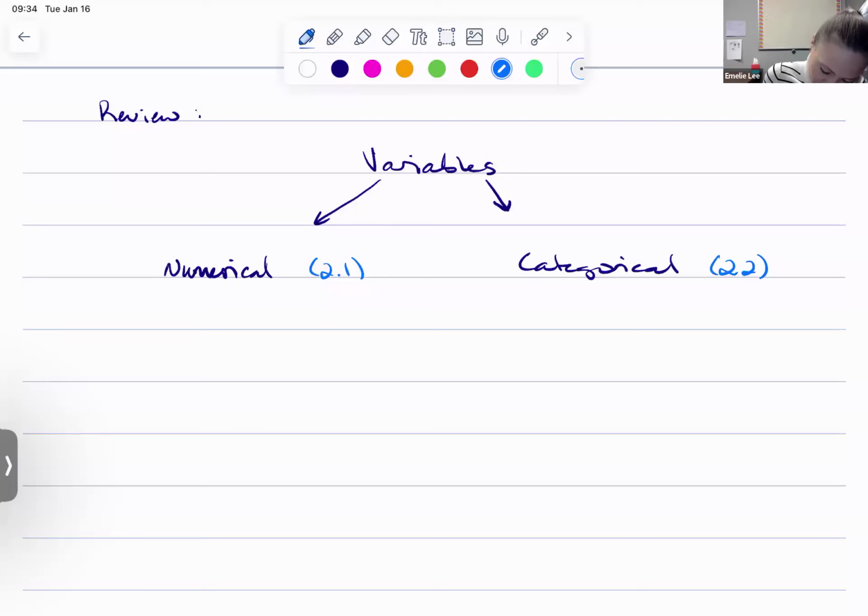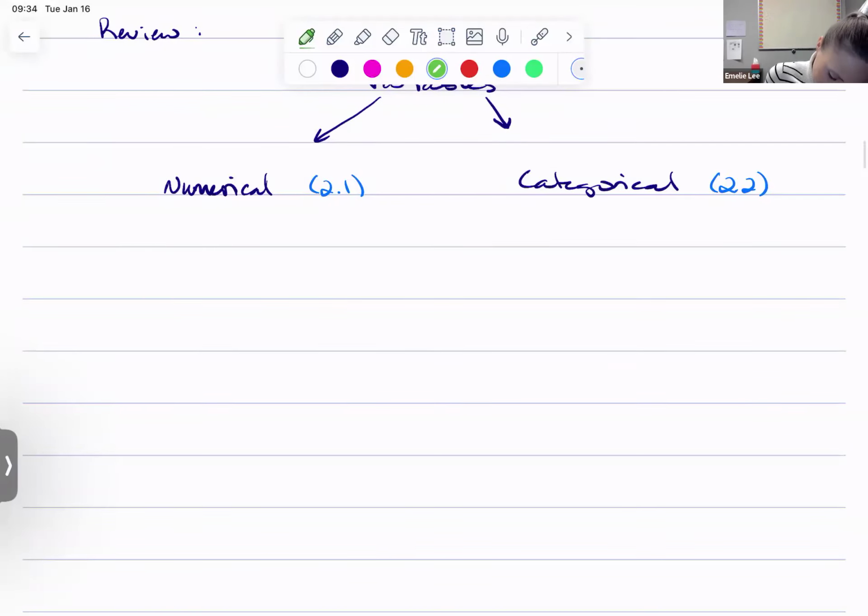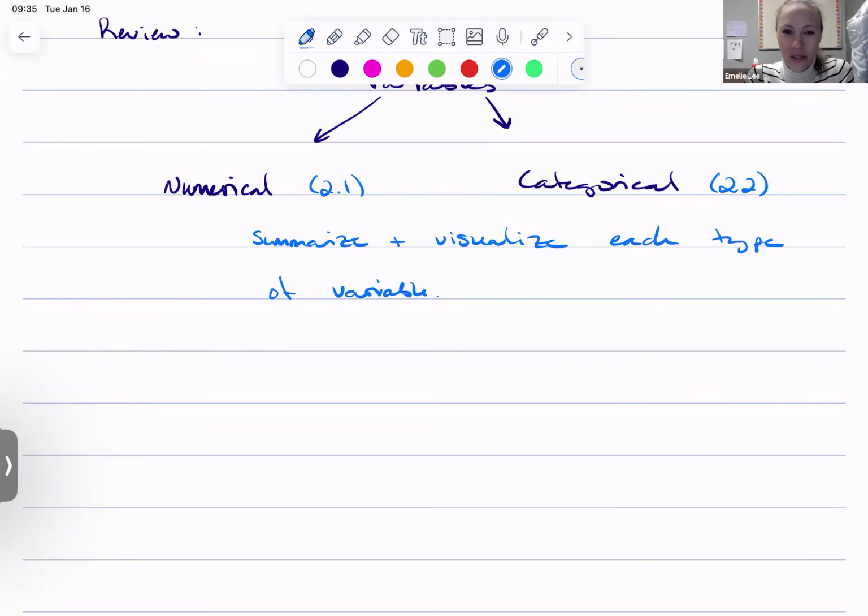So in 2.1, we're going to summarize and visualize each type of variable. You'll notice that how we summarize things depends on what type of variable we have, and so of course it's very important to know what type of variable we have, and so that's a good place to start for sure.